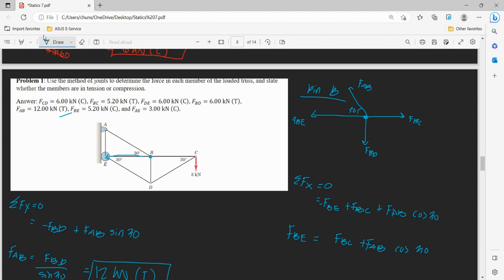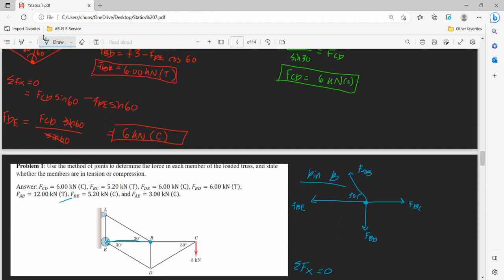Okay, so 12 cos 30, and this is plus FBC.